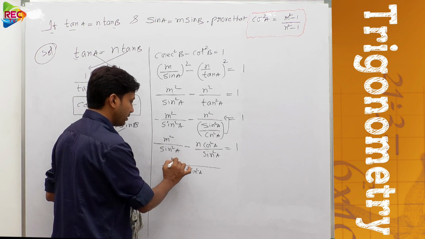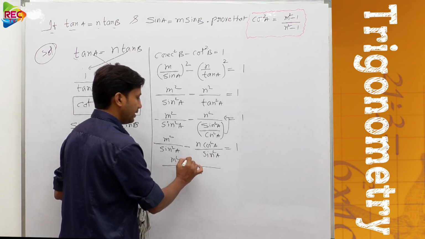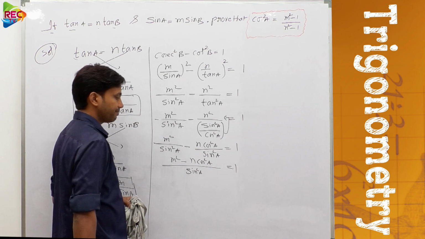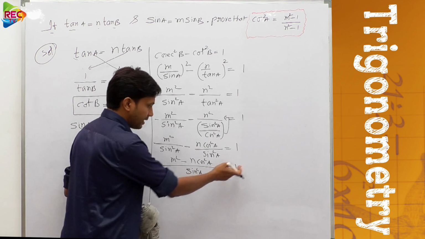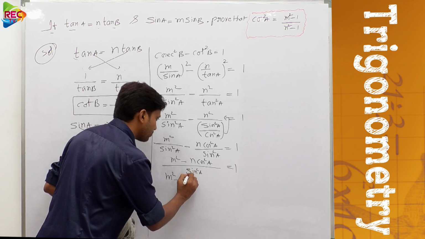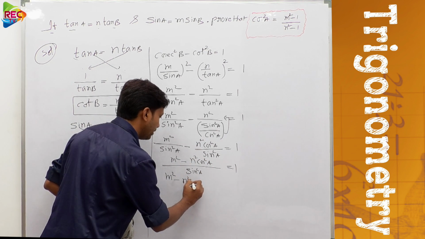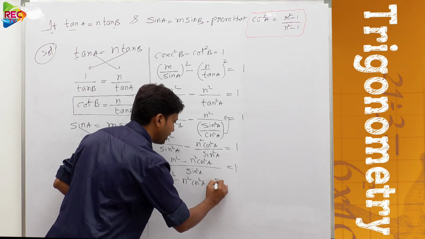Here m square, here the minus symbol is there, minus n square cos square A equal to 1. Now to solve the equation further, send this sin square A to that side. M square minus n square cos square A equal to sin square A into 1, which would be sin square A.